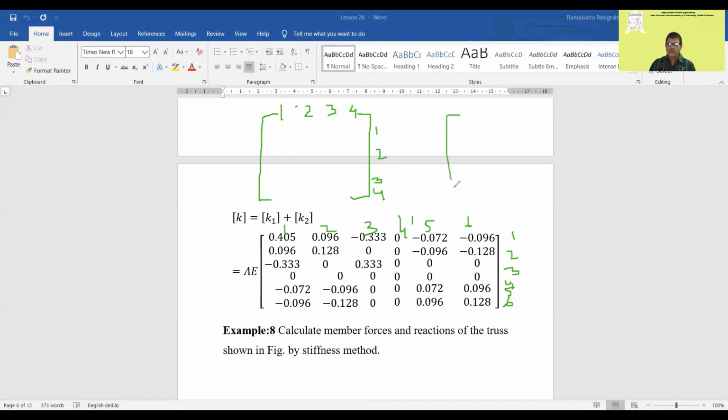And plus what you have to add: here 1, 2, 5, 6 and also this side 1, 2, 5, 6. Now this term is K11. Where do we get the K11 term? This is K11, and this is also K11. So both will be added to find K11.